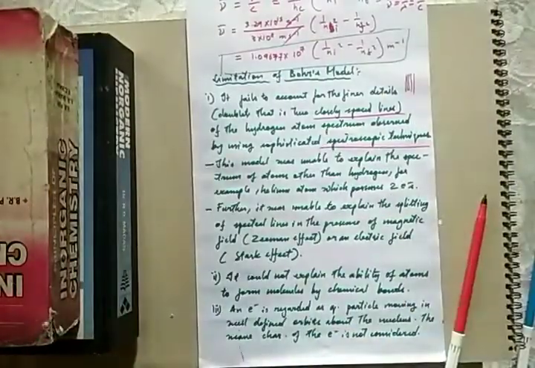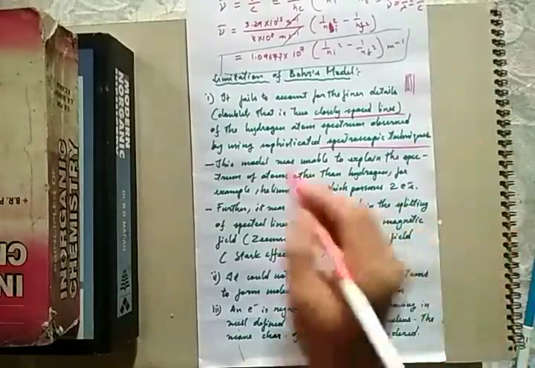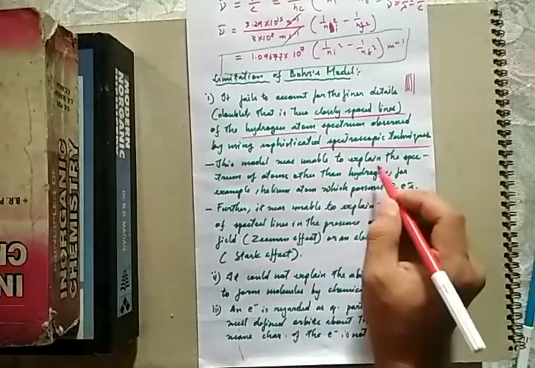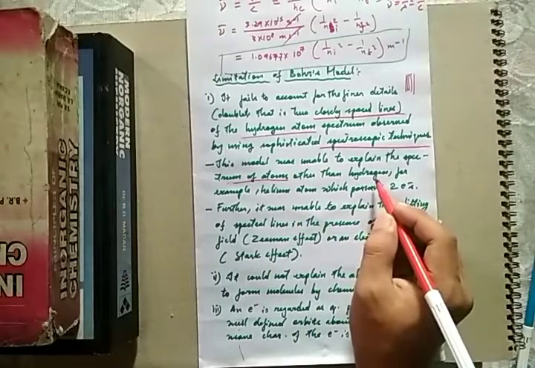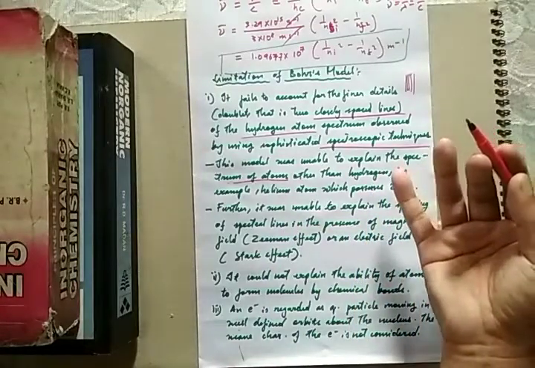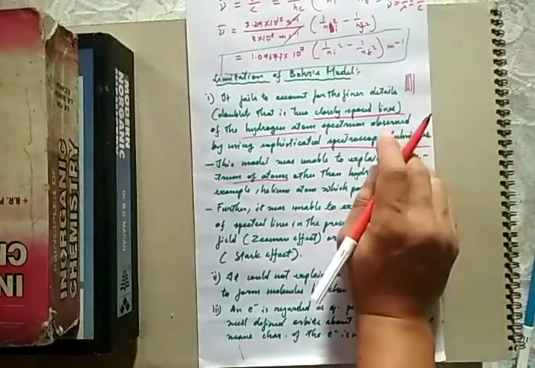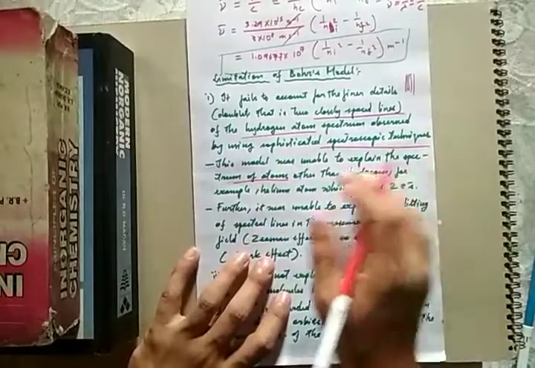He was unable to explain why these closely spaced lines were observed in the hydrogen spectrum. This model was also unable to explain the spectrum of atoms other than hydrogen or hydrogen-like ions, which contain one electron.